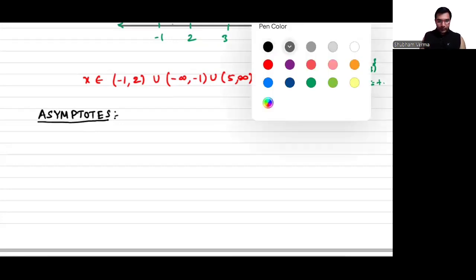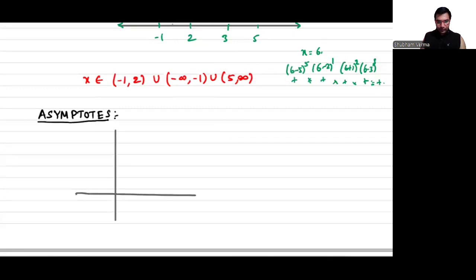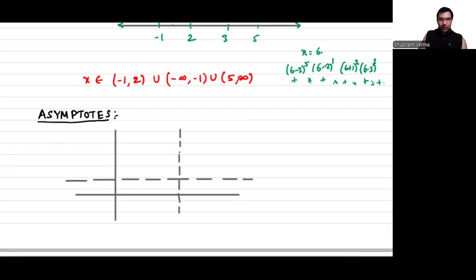Let's say, for example, if I have a function, something sort of this, and this is going this way.